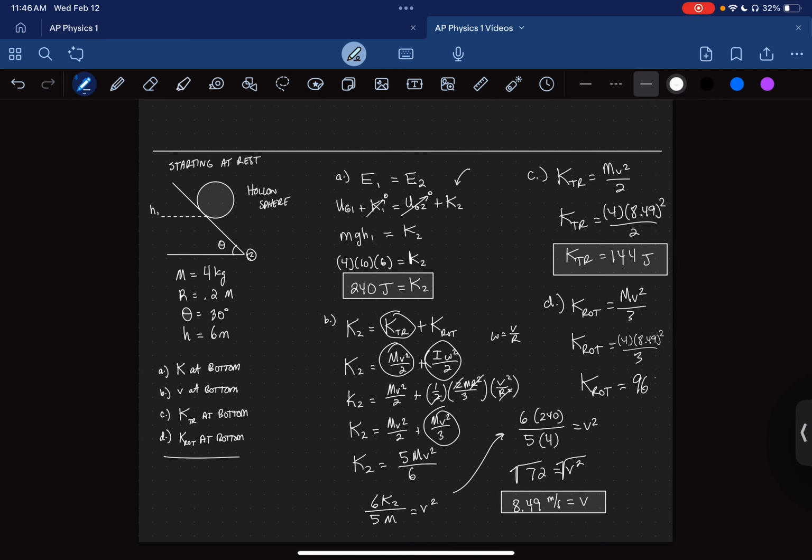And of course, we get 96 joules. So the even easier way to do this is, K2, we know it's 240. KTR is 144. And you subtract those, this would give you 96.